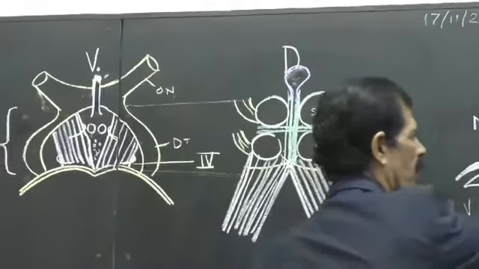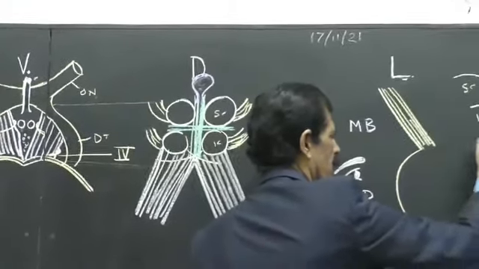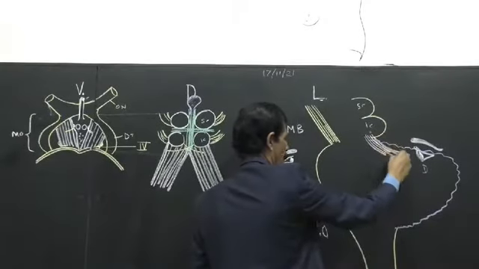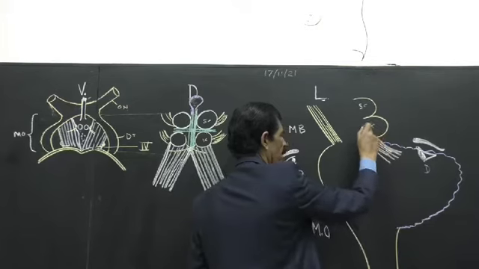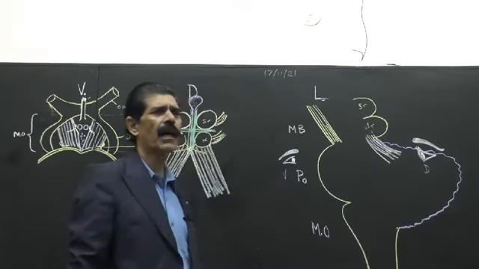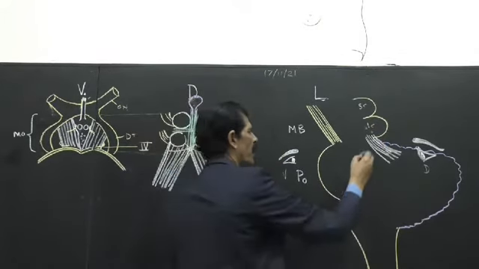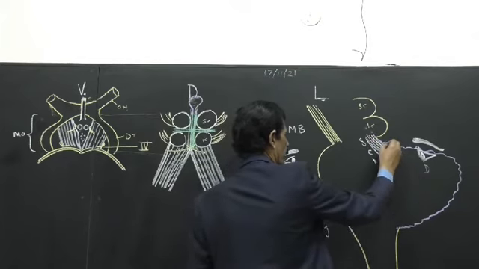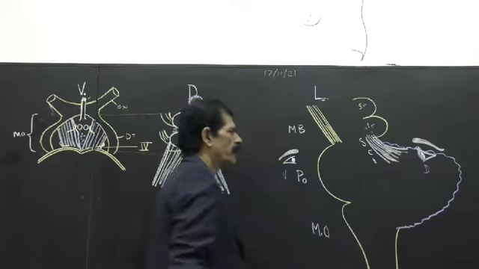From below the inferior colliculus, this bundle comes from the midbrain and goes into the cerebellum. This bundle, which connects the midbrain with the cerebellum, is called the superior cerebellar peduncle. It goes into the cerebellum.